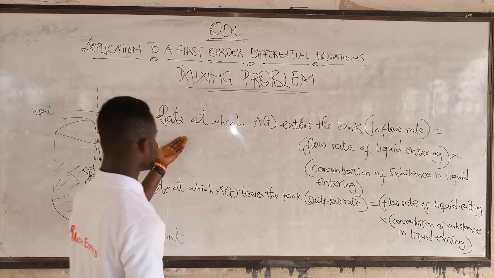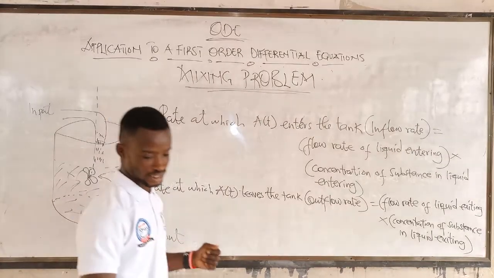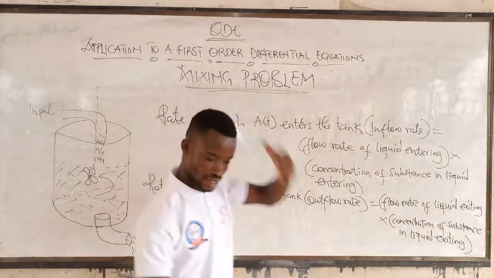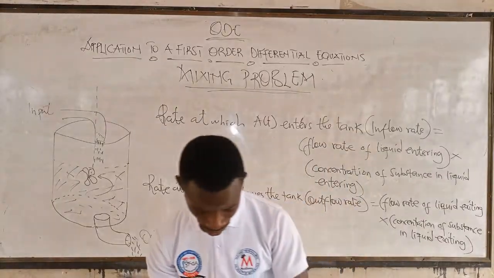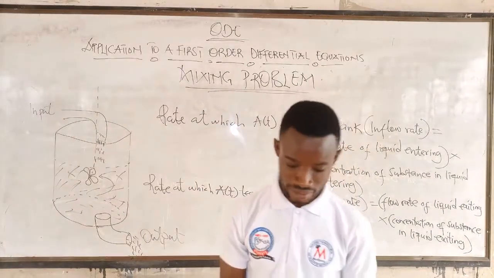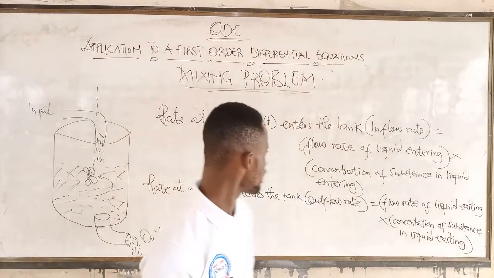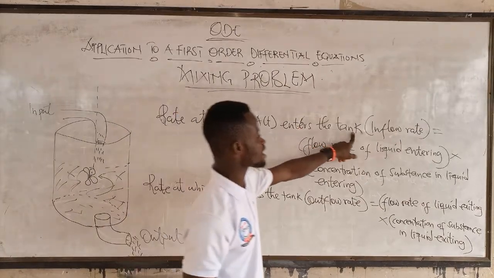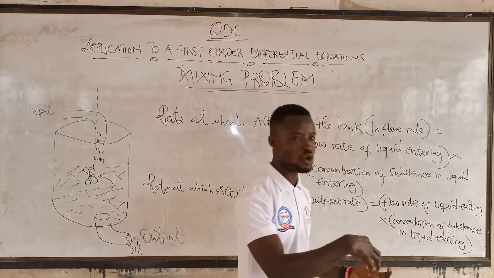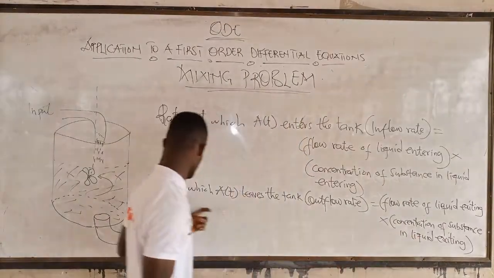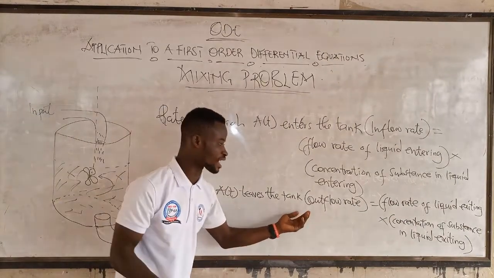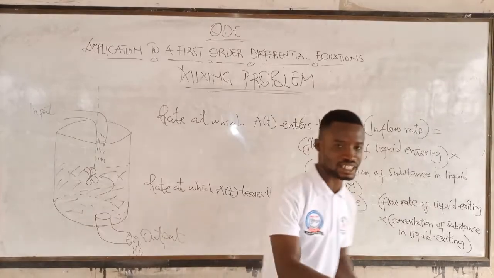We first looked at the rate of change, and we said that the rate of change is the rate at which the amount enters the tank, or the inflow rate, minus the rate at which the amount leaves the tank, and that is the outflow rate.